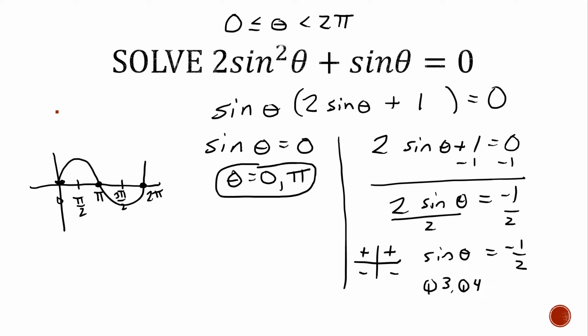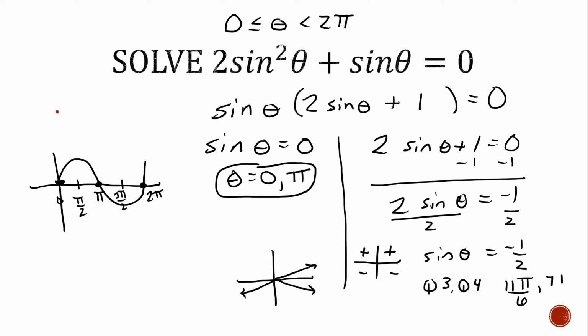So I know in quadrant 1 it's pi over 6, where sine is equal to 1/2. So for quadrant 4, that's going to be 11 pi over 6. And for quadrant 3, that's going to be 7 pi over 6.